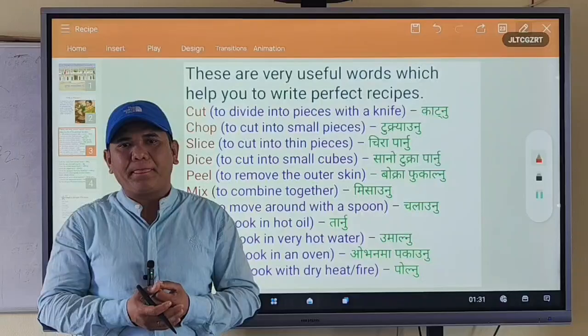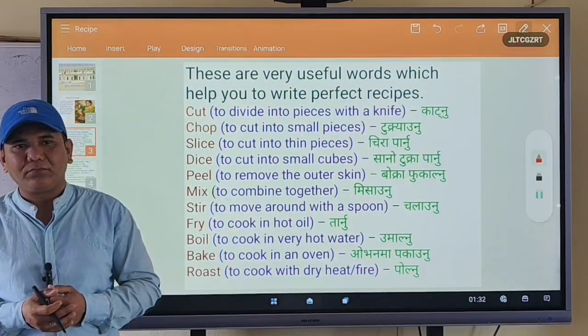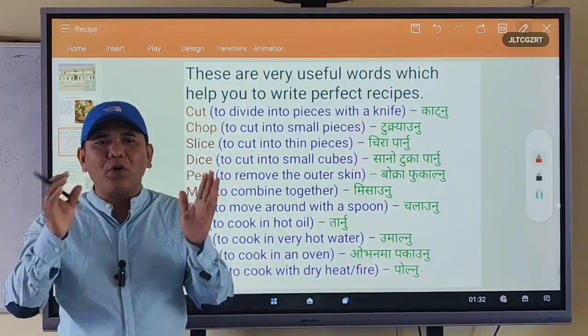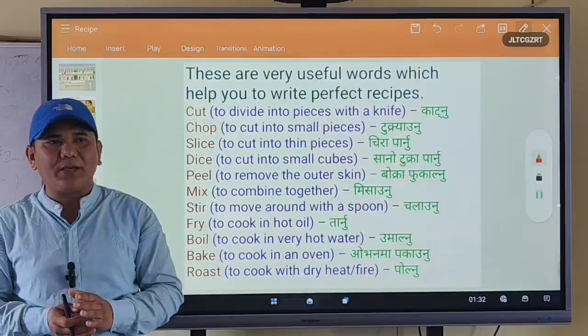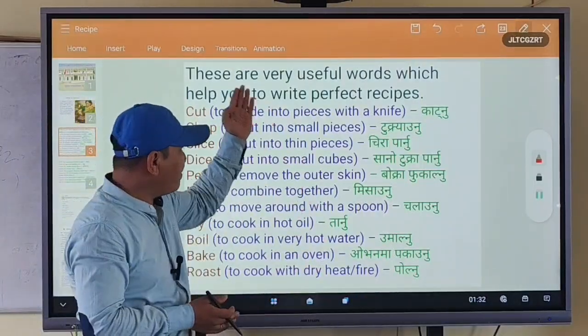Definitely, the answer is, you have to keep some words in your mind. You have to memorize some words related to the recipe, as I have mentioned here.